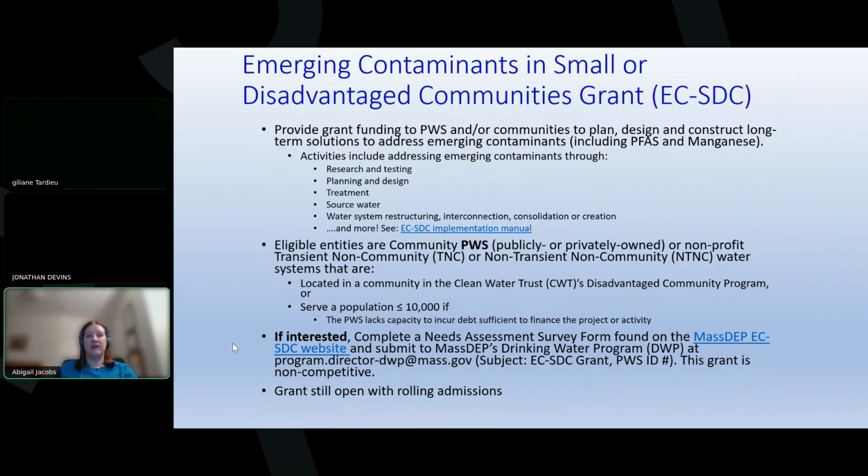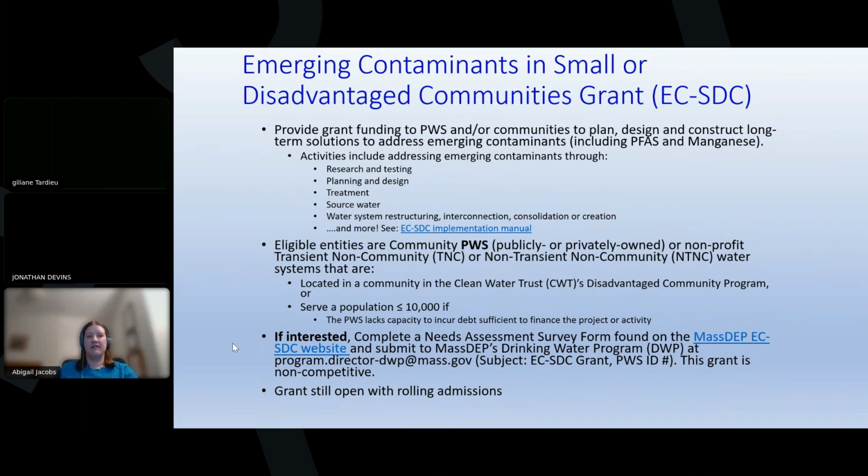Eligible entities are community public water systems, which can be publicly or privately owned, or nonprofit, transient non-community, or non-transient non-community water systems. These systems need to be located in a community in the Clean Water Trust Disadvantaged Community Program, or serve a population less than 10,000. If you're just a small system, there are some extra hoops to jump through.